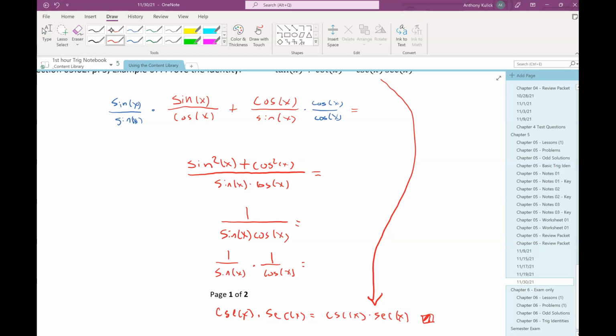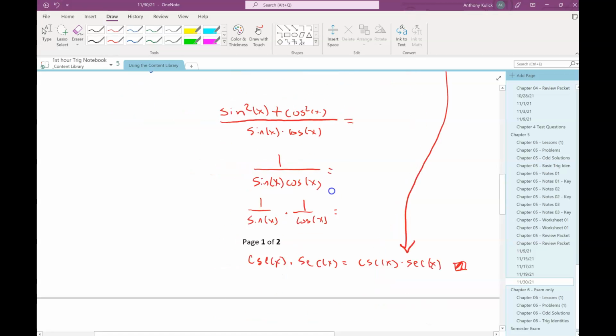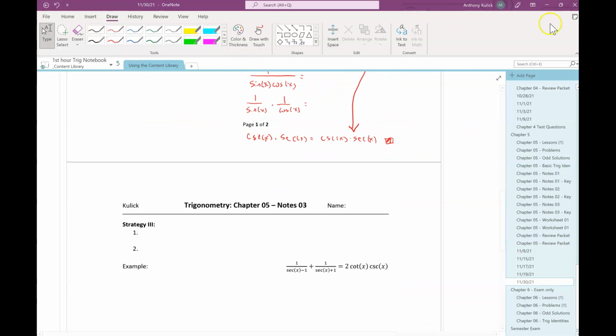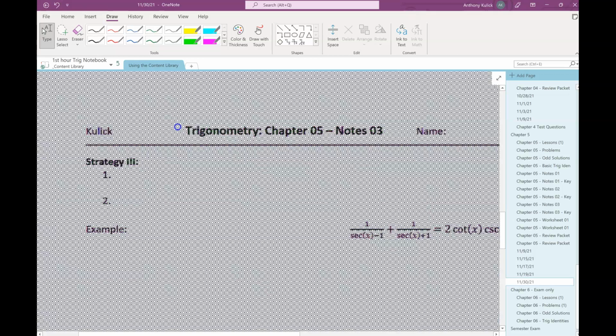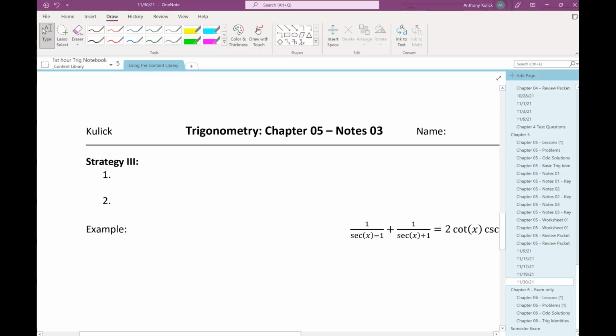Okay. You guys ready to go to the next one? So some more strategies that are often helpful on these trigonometric proofs: the difference of two squares factoring pattern is your friend.